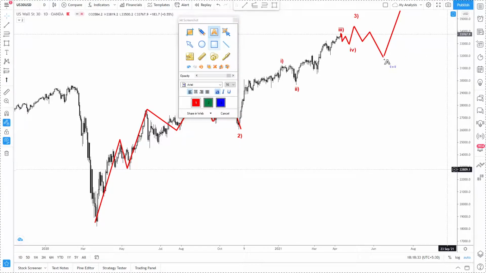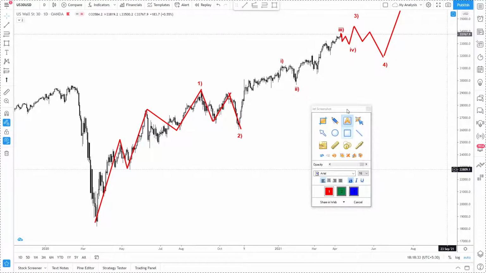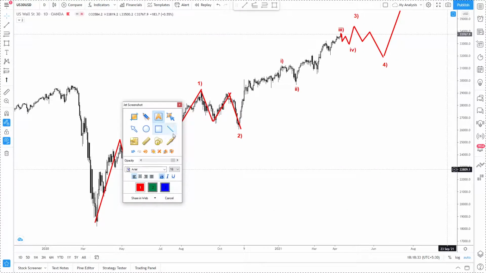So this is my view as of now, because it already did a 1, 2, 3, 4, 5-wave structure here. So I think you can understand this.